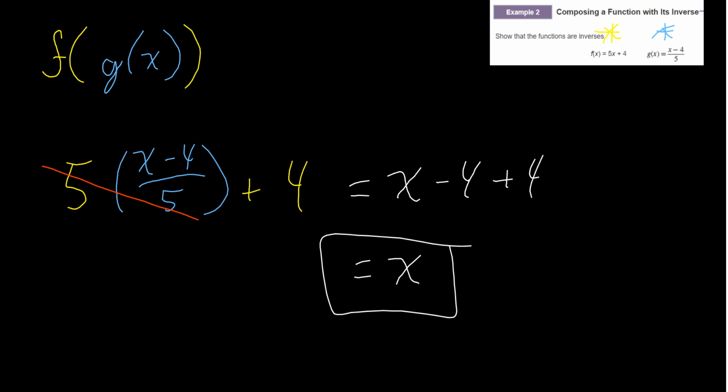And while we're at it, I'm going to use the previous example here. So f of x is 5x plus 4. Let's go ahead and just follow along. Oh, I messed that up so bad. There we go.